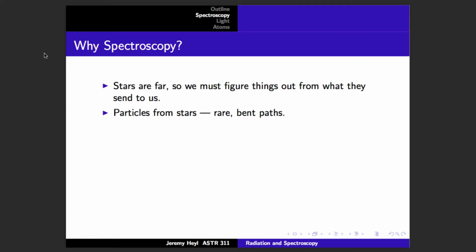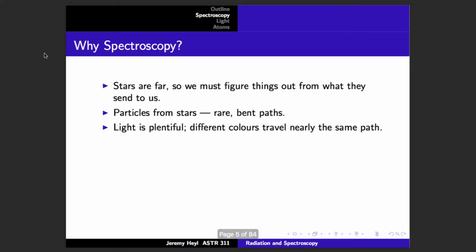We could look at the particles, but often they have an electric charge. So as they go through the galaxy or even in the solar system, their paths are bent by the magnetic field in the galaxy. So when I see a particle coming from over there, it didn't necessarily come from an object over there. It's very hard to figure out where it's coming from.